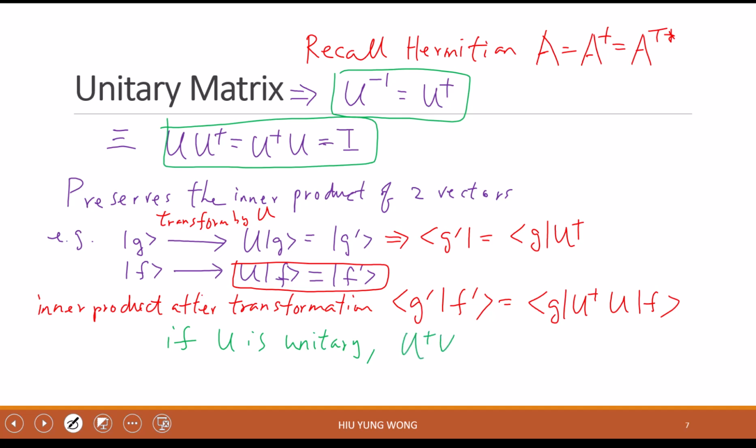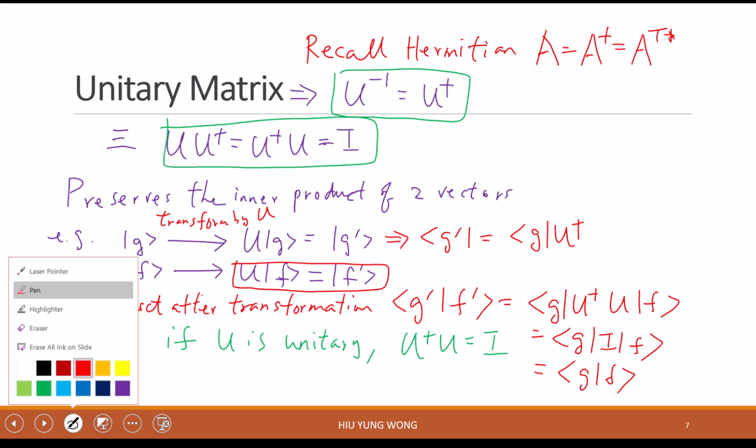U dagger U equals to what? Identity matrix. We just said that, right? This is the definition. So then this one equals G, I, F. Although I is identity, it's still a matrix. But anything times a matrix equals itself.